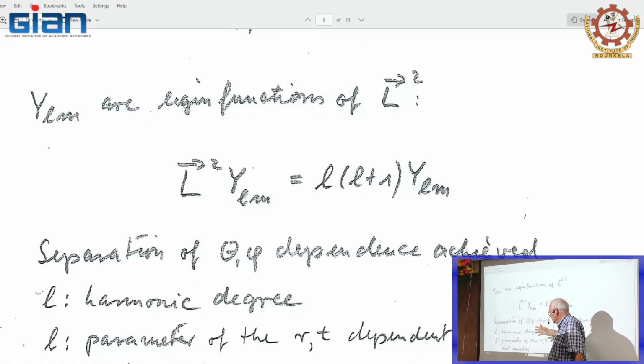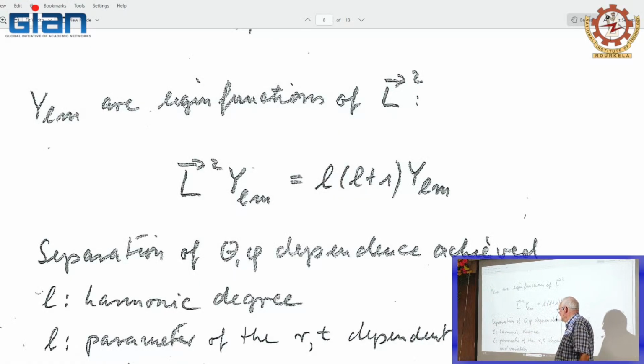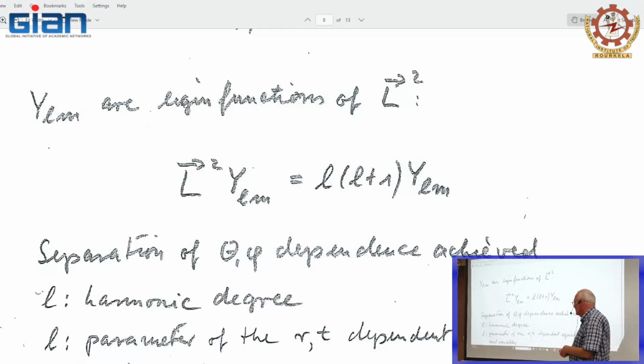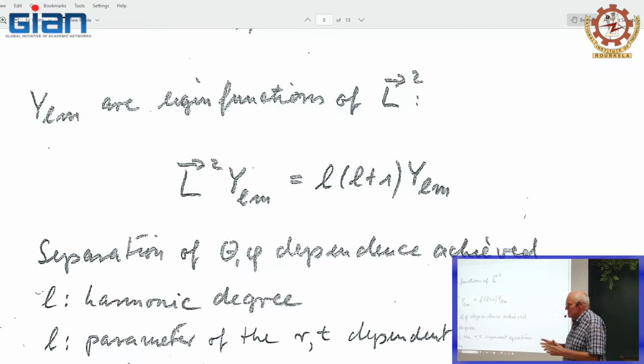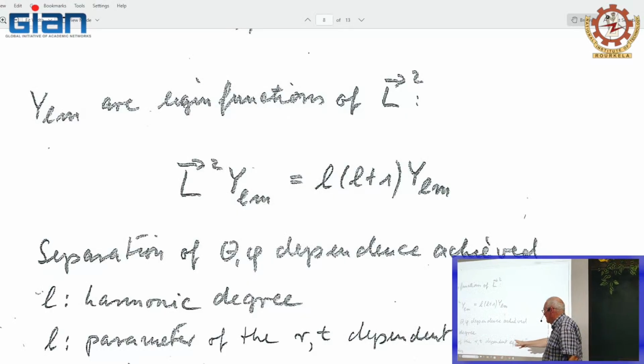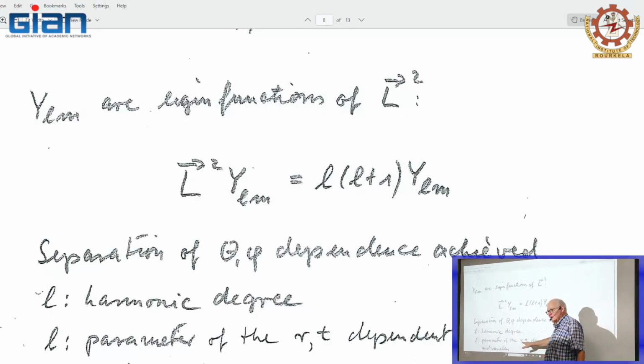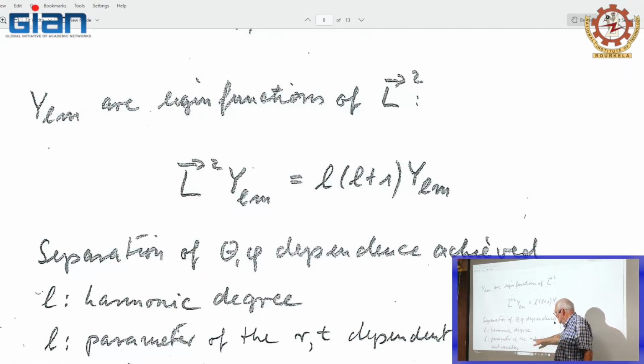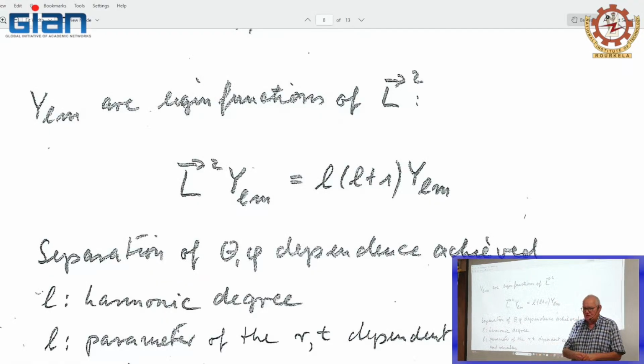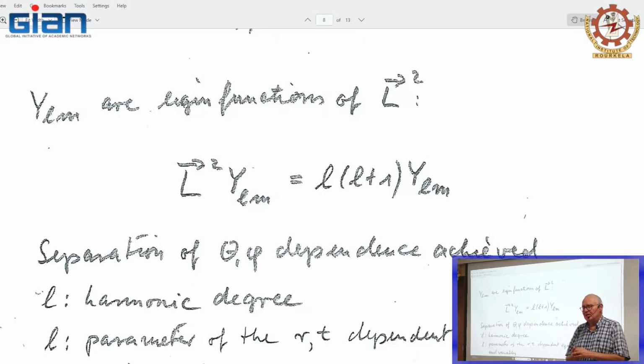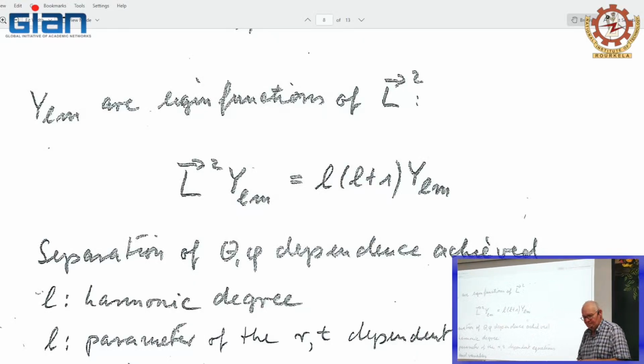At the cost of this additional parameter l, we have separated the angular dependencies, and we have an additional parameter in the remaining partial differential equations, which are partial differential equations in the radial variable and the time variable.